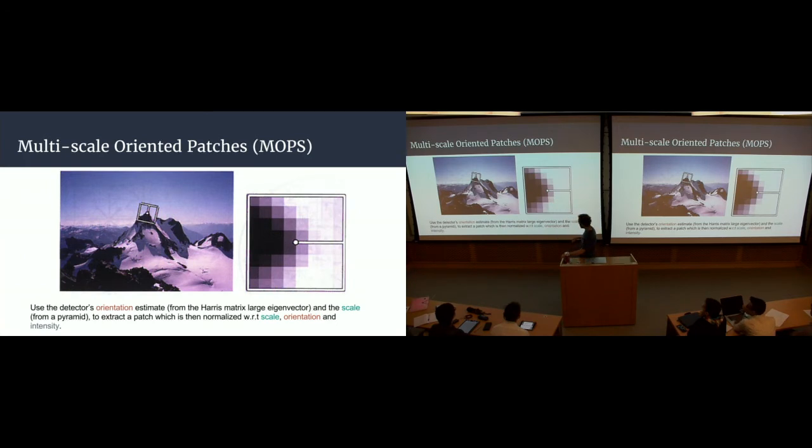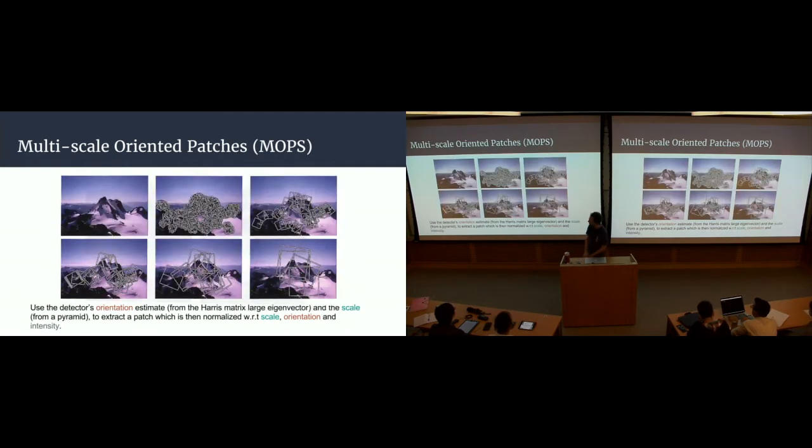And we normalize the intensity, meaning that we do something similar to what you did in the histogram equalization. We normalize the intensity so all the intensities will be between 0 and 1, and the mean will be in the middle. This now is a pretty useful descriptor.